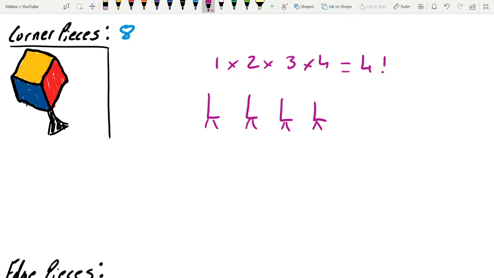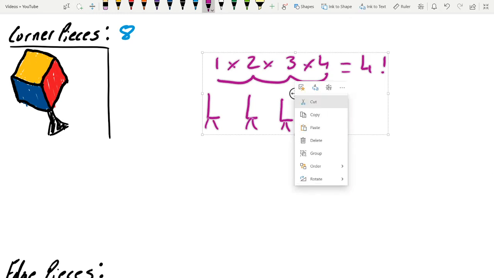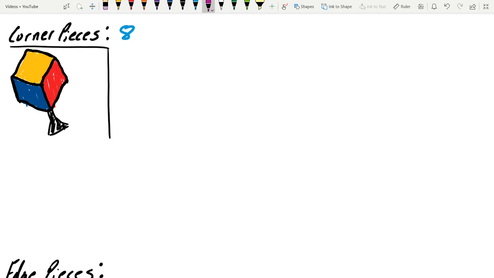And this is known as 4 factorial, or 4 by 3 by 2 by 1. So this can be applied to a Rubik's Cube. So the corner pieces, there are 8. So the number of positions, or number of ways to arrange the corner pieces, is simply 8 factorial, or 40,320. That's what 8 factorial is.